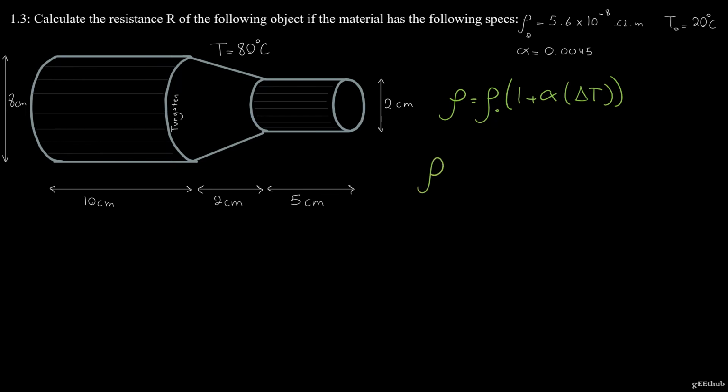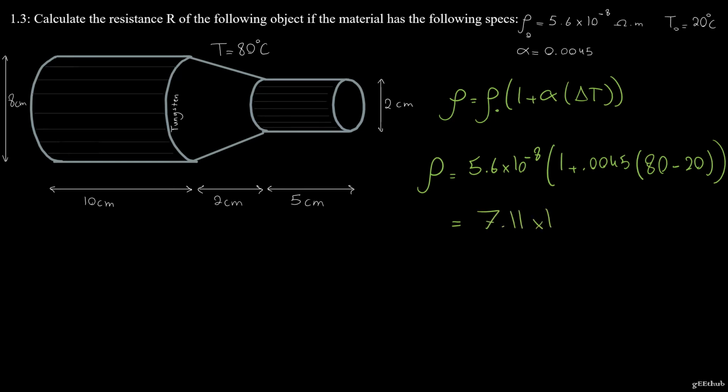If you plug in the values, you'll get that our new resistivity is just 7.11 times 10 to the negative 8 ohm meters. So whenever I use rho from now, it's going to be this value.